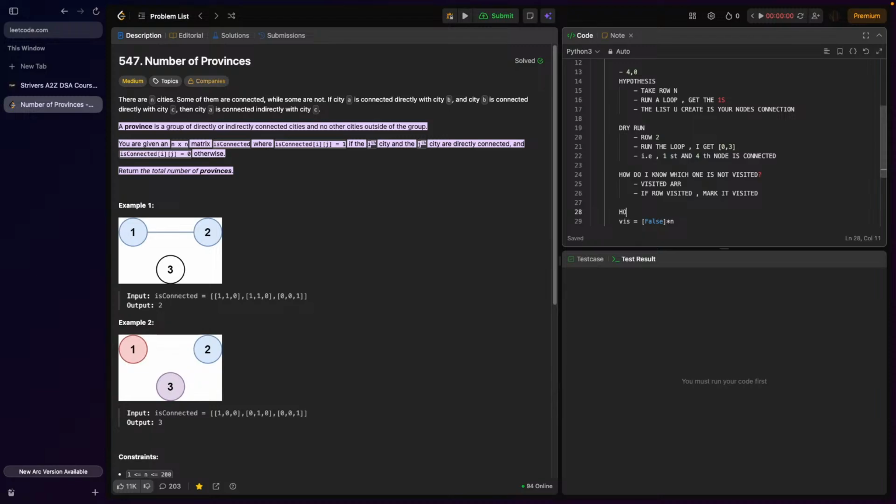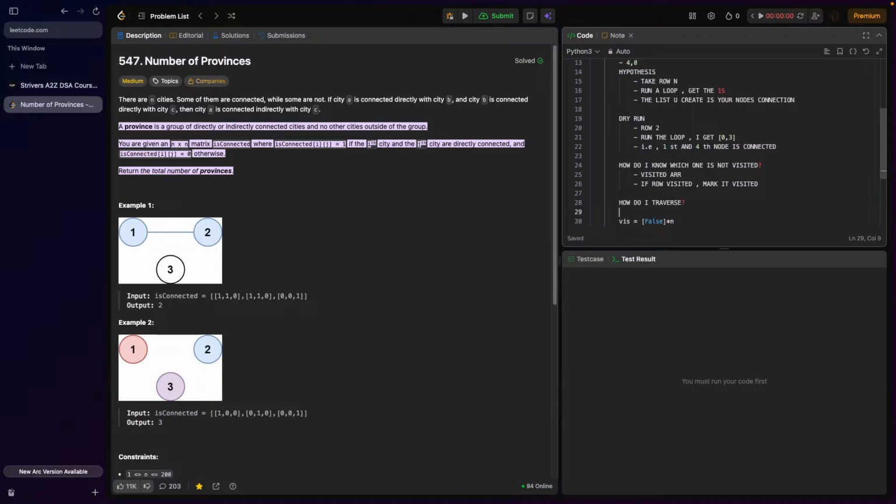Now, how do I traverse? That is the last question. You got your ones. You have to know where to go and where not to go, right?